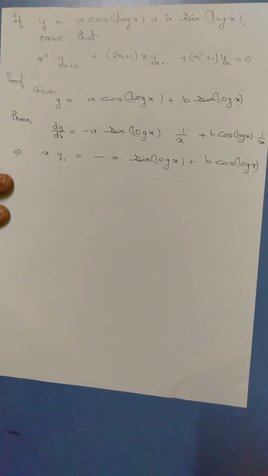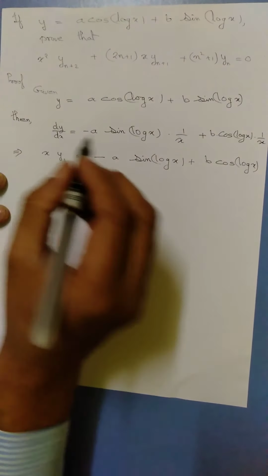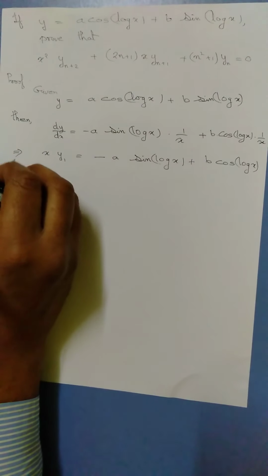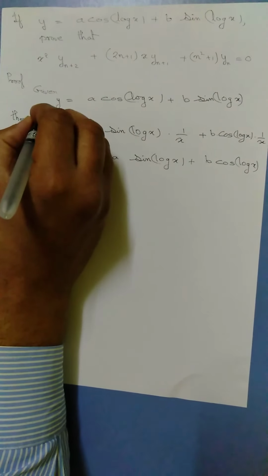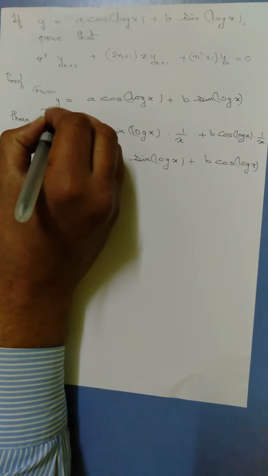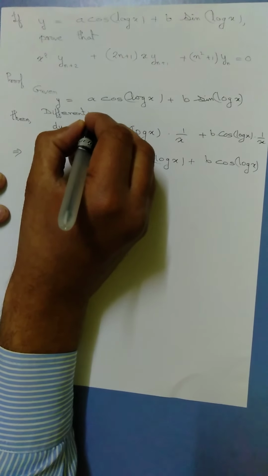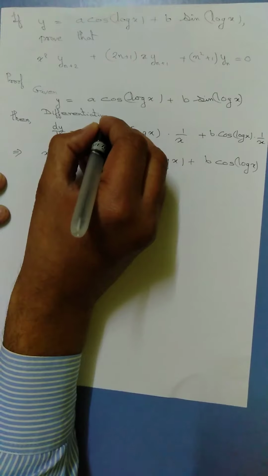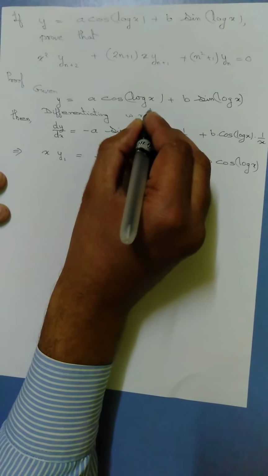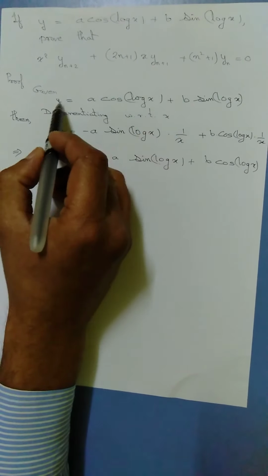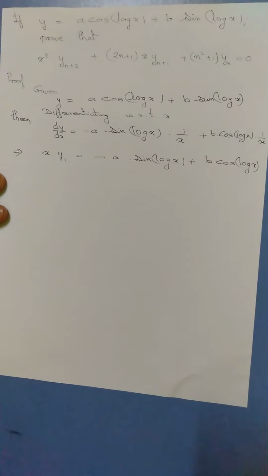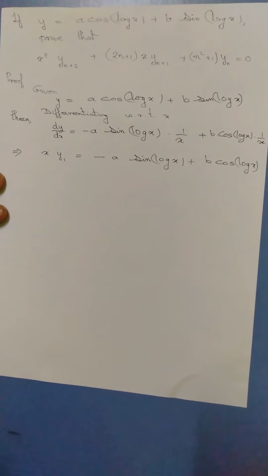So here I should write, differentiating with respect to x. You are given y equal to a cos log x plus b sine log x.